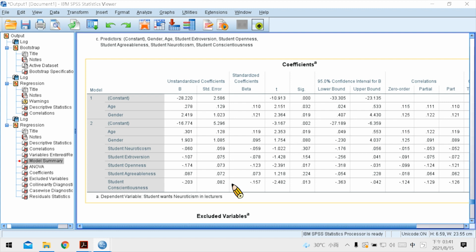The relationship is negative. You see the negative. Conscientiousness is negative. The more students score on this character, the less they may want to choose the lecture.